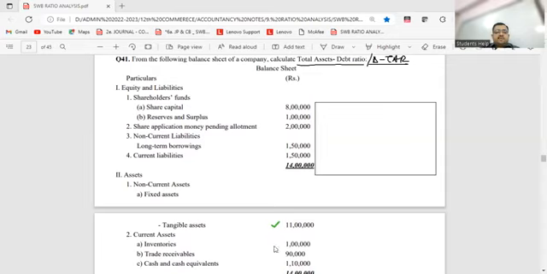Yes, sir. Inventory 1 lakh, trade receivables 20,000. Simple. And in total debt, we'll be considering only 1,50,000. So for IC students, 1,50,000 would be the numerator. And for CBSE students, 1,50,000 would be the denominator. And the numerator for CBSE students, 14 lakhs, is the same as the denominator for IC students.